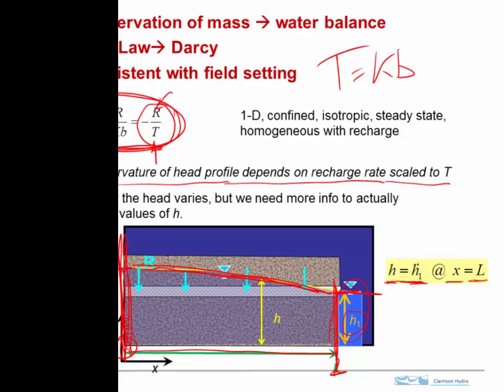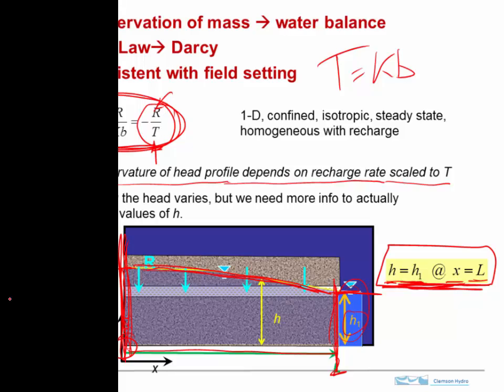Okay, so this is another boundary condition. What we've done is used two different types of boundary conditions: one where we specify the head at the boundary, and one where we specify the head gradient at the boundary.